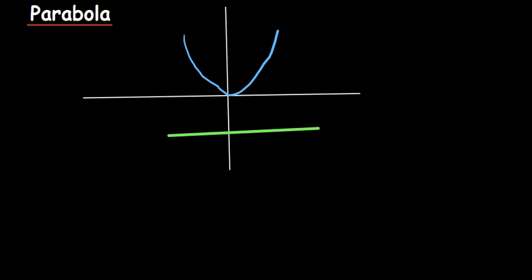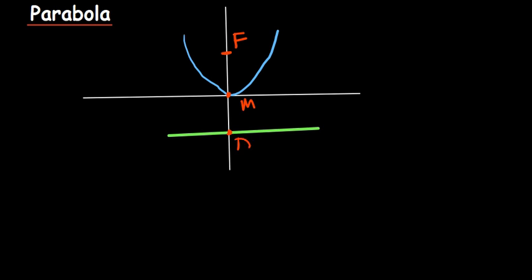So let's say our vertex is on the origin 0, 0. Let's call that M, and then let's put our focus somewhere there. That's our focus, and then we'll get any point on the directrix.